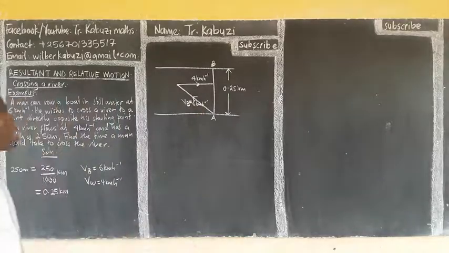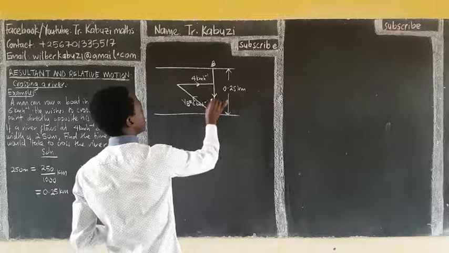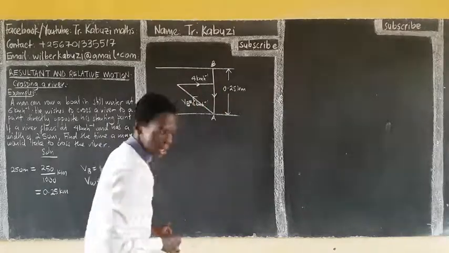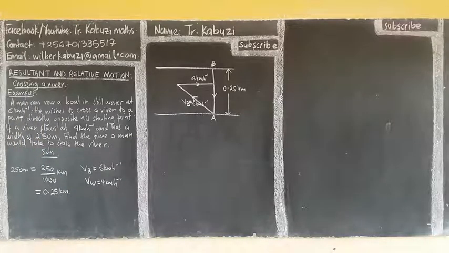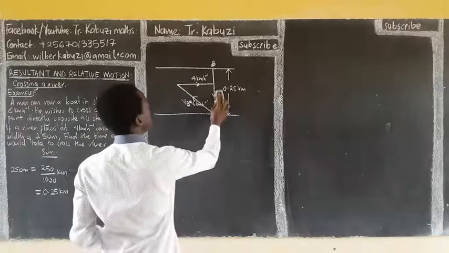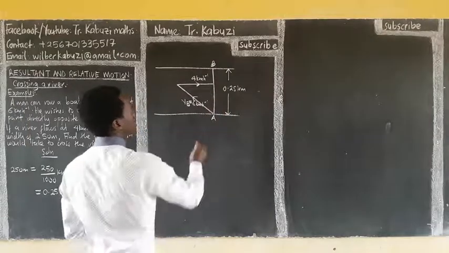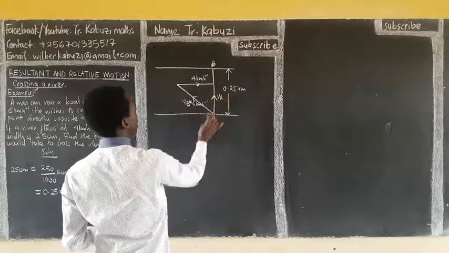Now what do we want? We want the resultant. Our resultant is going to be in this direction.